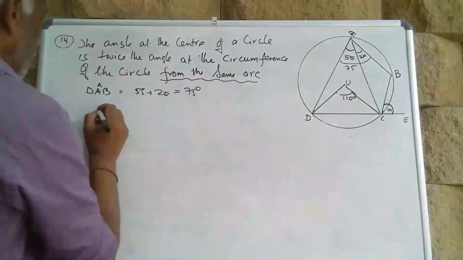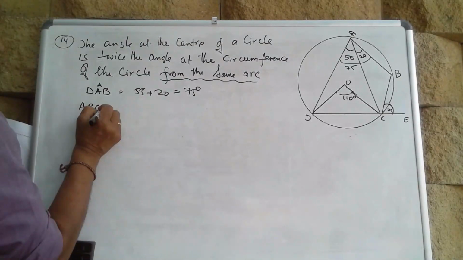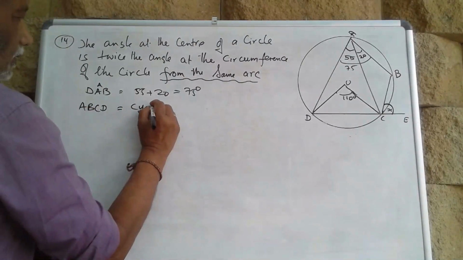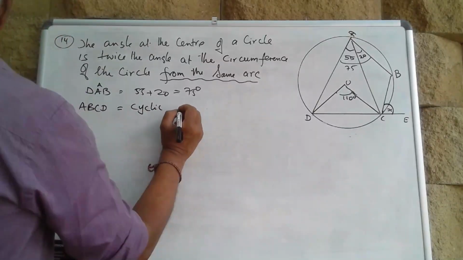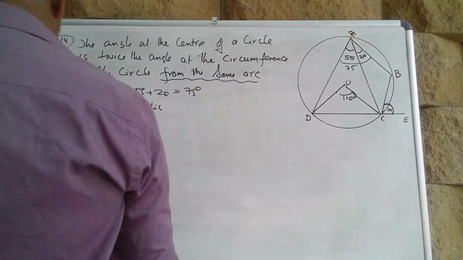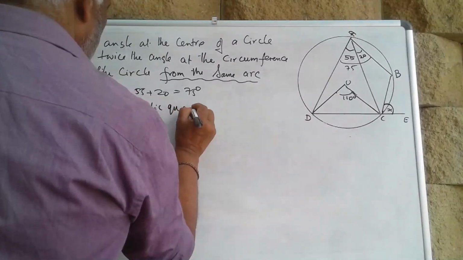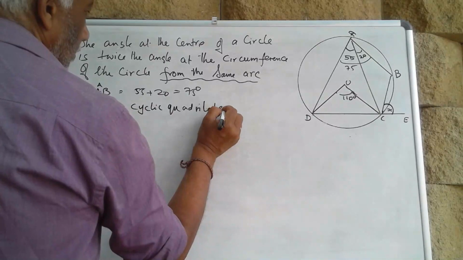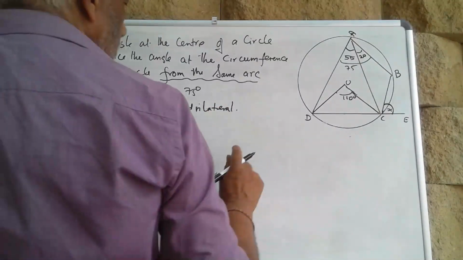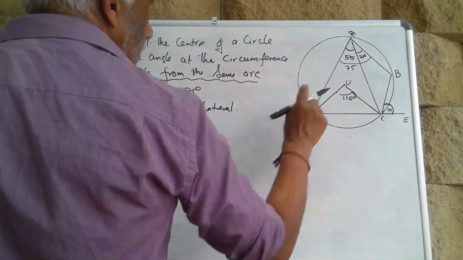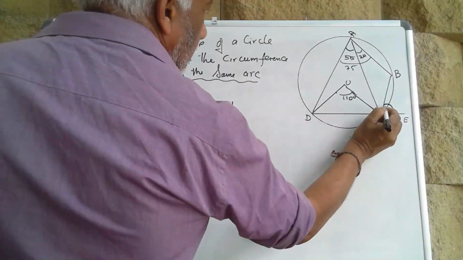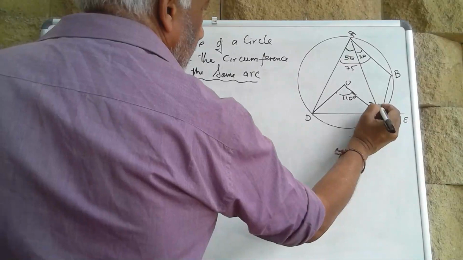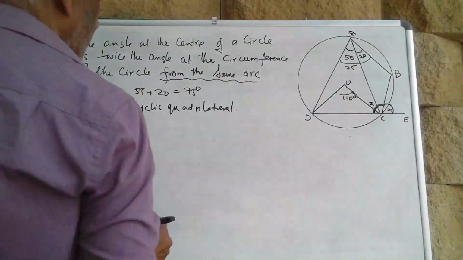ABCD actually is a cyclic quadrilateral inside the circle. Therefore, what's the law? In that case, this angle plus that angle, I'm going to call it maybe Z, must be 180.